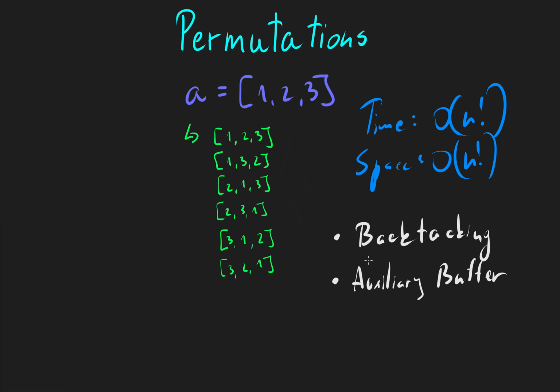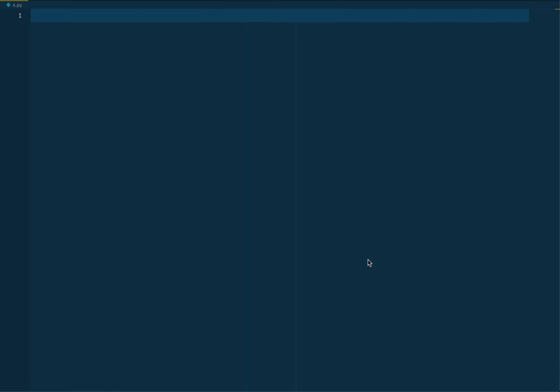So let's just go to the code editor and implement the solution, so it's easier to visualize, right? The first way we will solve this is using backtracking.